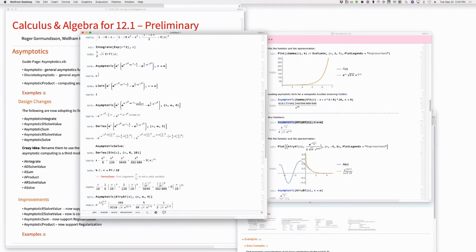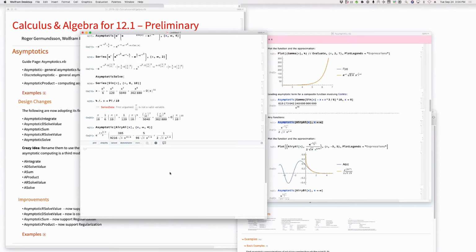I see. So for example, let's take a very simple thing. If I say asymptotic of sine x as x goes to infinity, it's just going to say this is a thing. That's the result. And if I add a comma, you're going to say that is a fundamental result.